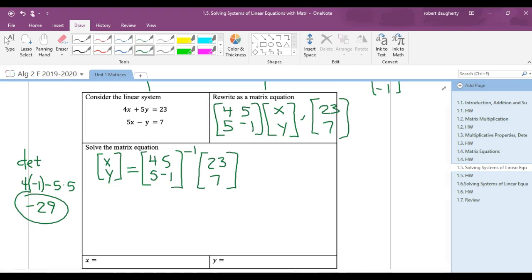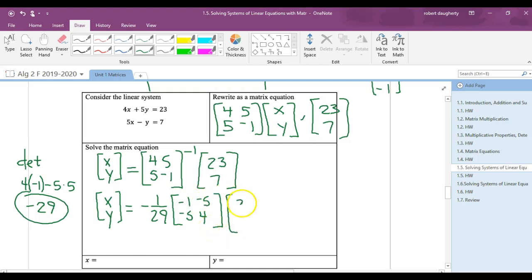So this is xy equal negative 1 over 29. And then the adjoint matrix times 23, 7. So I've got negative 1 over 29.